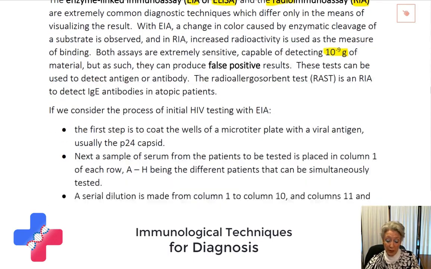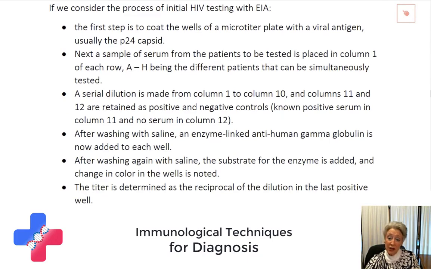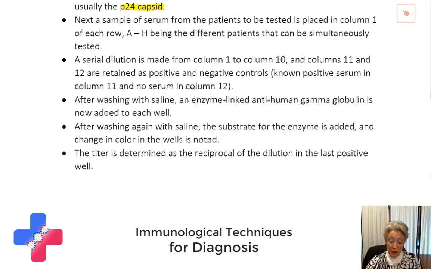So if we think about, as an example, the test that we use for screening for HIV infection, the first step of the test is to coat the wells of a microtiter plate with a viral antigen. Okay, what we typically use is the P24 capsid antigen.